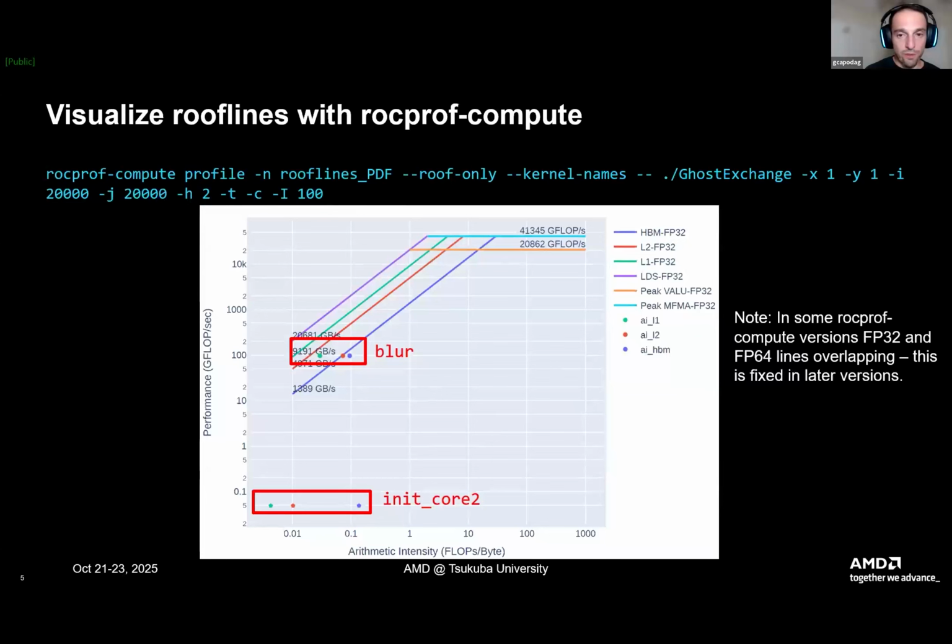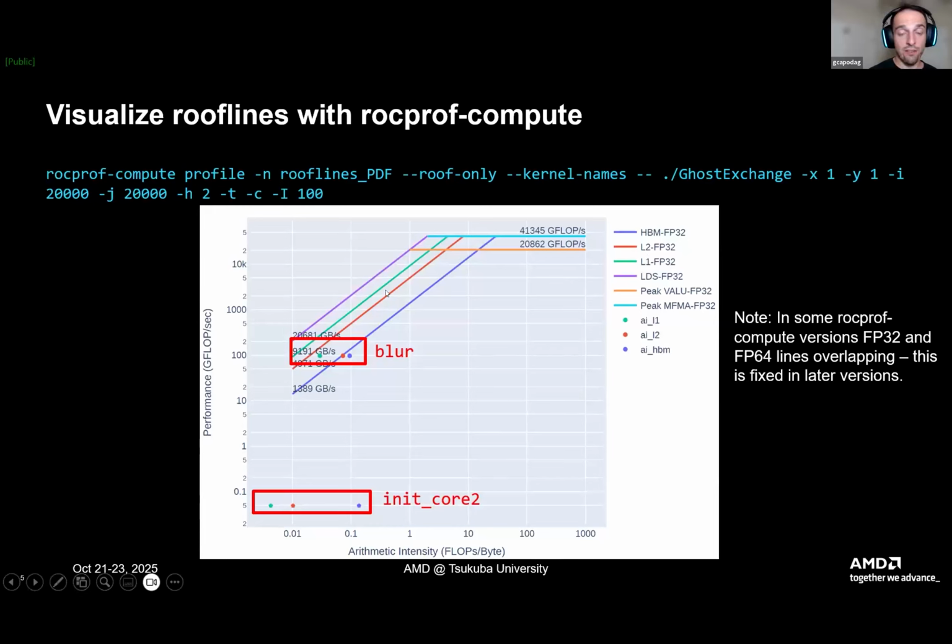Here we've talked about the ghost exchange example yesterday, and we are showing you an actual roofline that's been obtained with Rocprof-compute. It's providing data not just for the HBM, but also for the L1 and L2 cache and LDS.